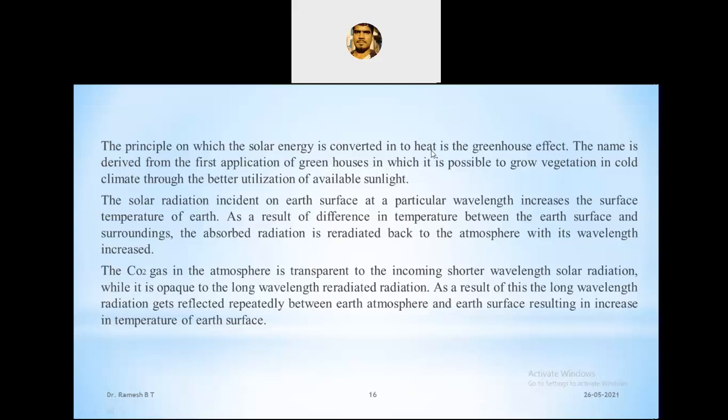We can use an expression for this, lambda max times T equals a constant of 2989 micrometer Kelvin. T is the surface temperature of the black body, and lambda max is the wavelength at which the light emission reaches its maximum. Through this equation we can see how the shorter wavelength will emit the energy.